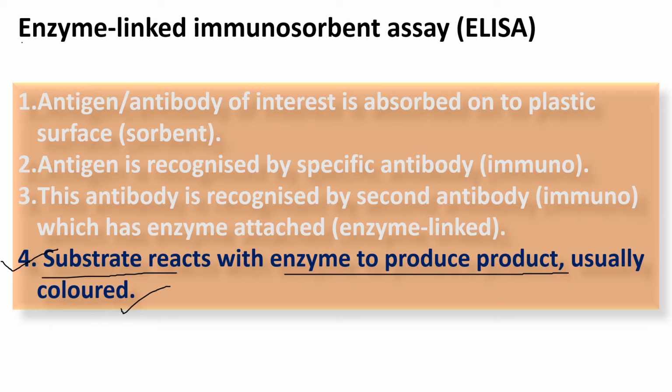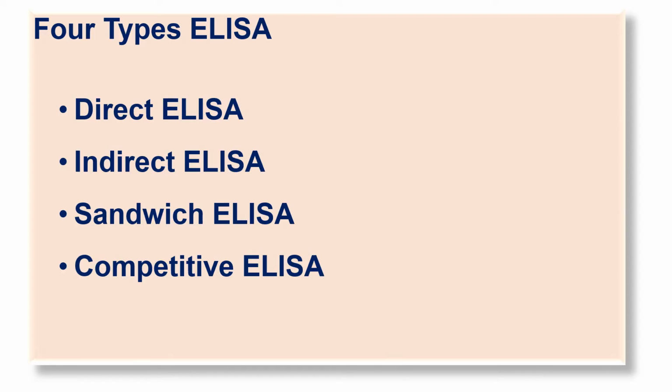And this technique can be used for the estimation of enzymes, hormones, proteins, whatever you want, by using the ELISA kit. So this is the full form of ELISA. Enzyme linked means it is linked with an antibody, immuno means antibody, and sorbent means the surface on which it is attached.